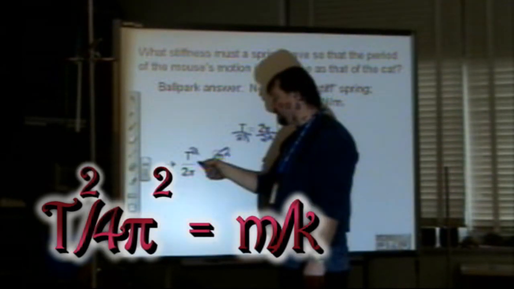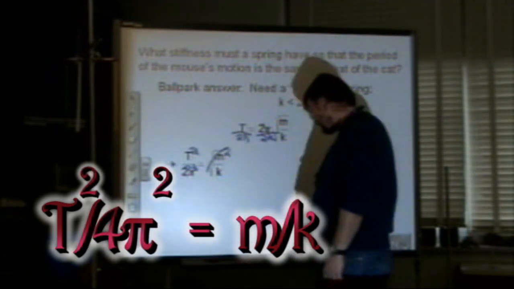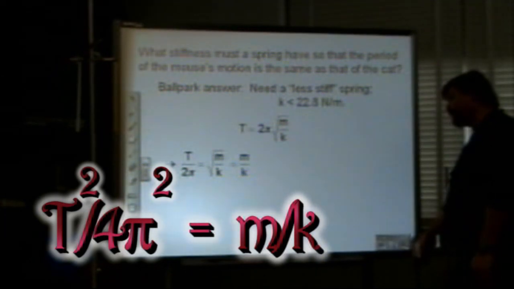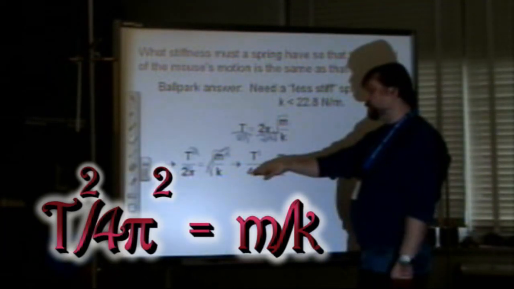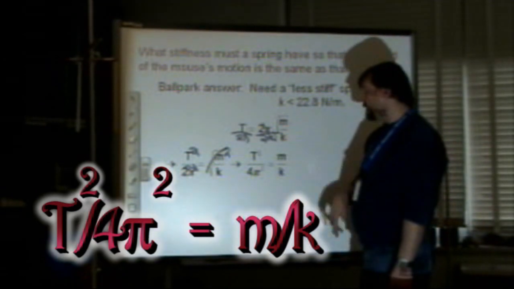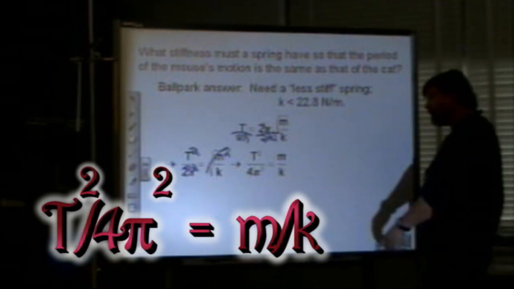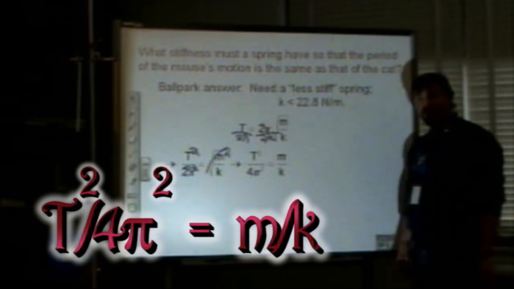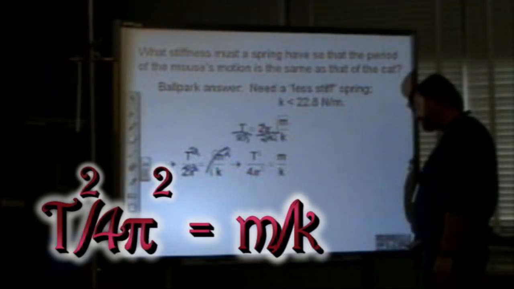spring constant. If we square this side, we square everything on this side, and we can see that T squared over 4 pi squared is equal to mass over the spring constant.